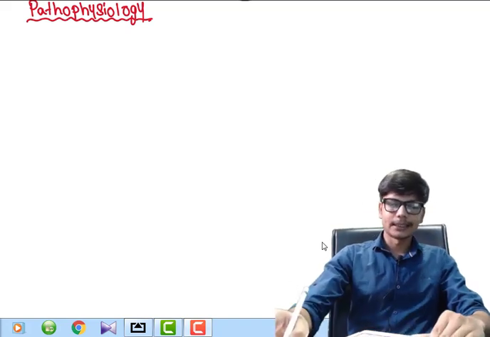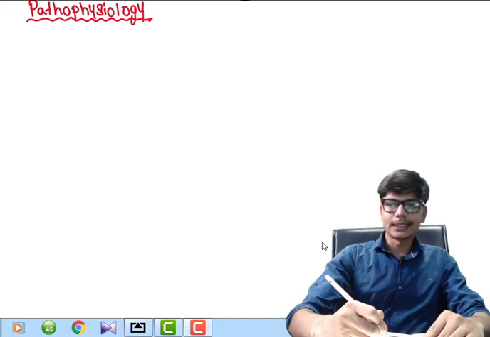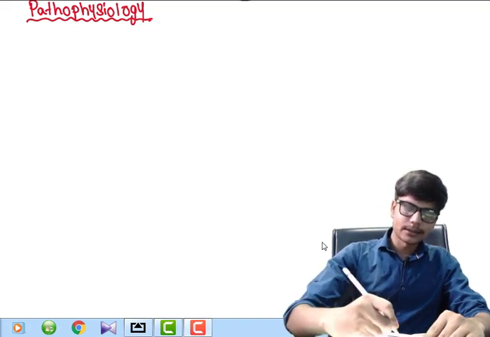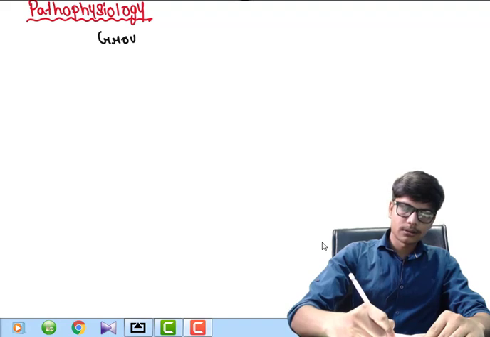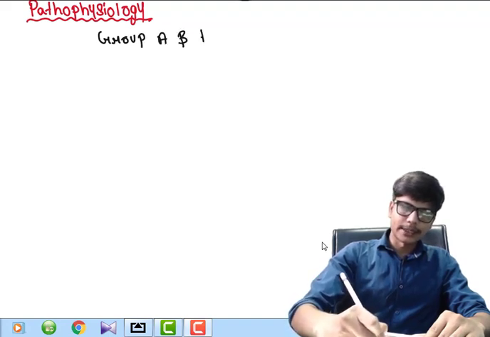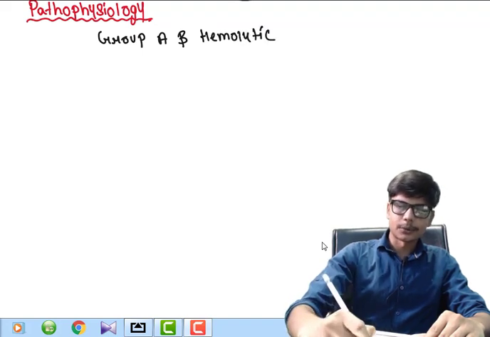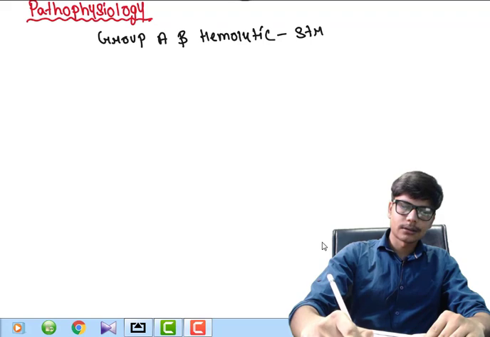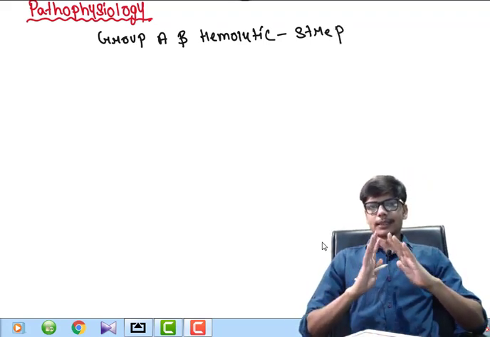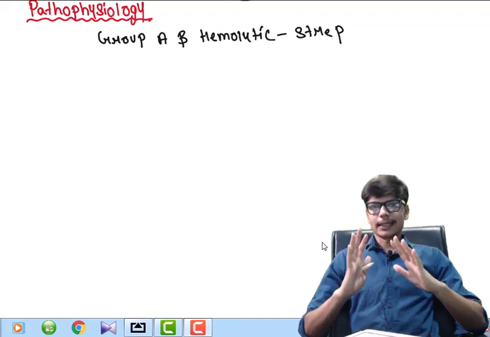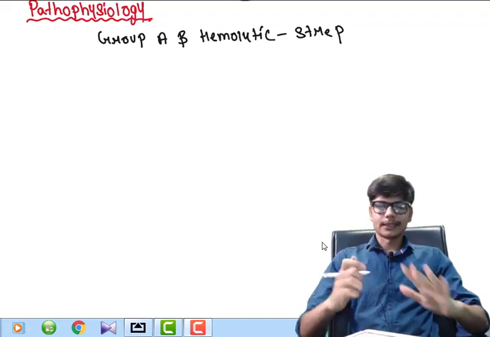APSGN basically starts with a bacterial infection, that is group A beta hemolytic streptococcus. This bacterium can reach the child through two mechanisms.